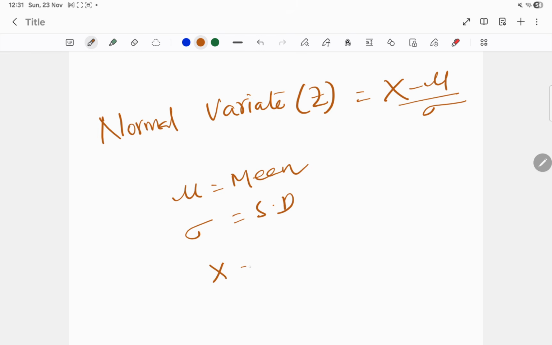X is nothing but the random variable value. Don't worry, this mean and standard deviation will be given in the question, and this x value we need to take based on our requirement, based on the probability which you need to calculate for a particular value.